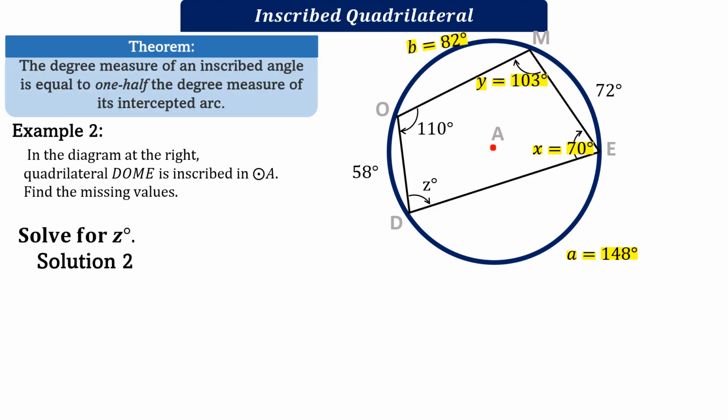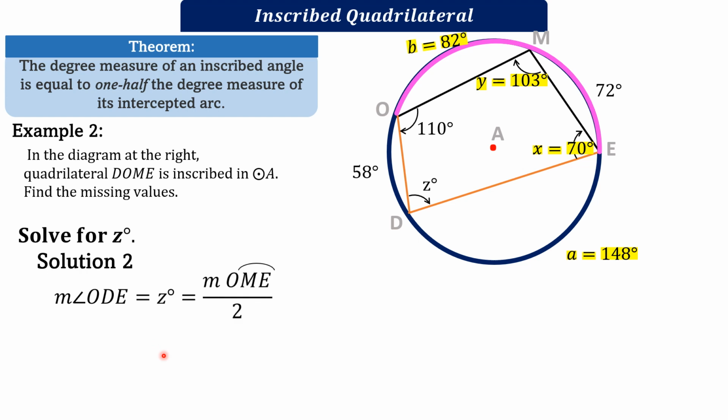Another solution in finding Z, or the measure of angle ODE or EDO, is by applying the theorem, which states that the degree measure of an inscribed angle is equal to 1/2 the degree measure of its intercepted arc. Angle ODE intercepts arc OME or EMO. Therefore, the measure of angle ODE, which is Z degrees, is equal to the measure of arc OME divided by 2.